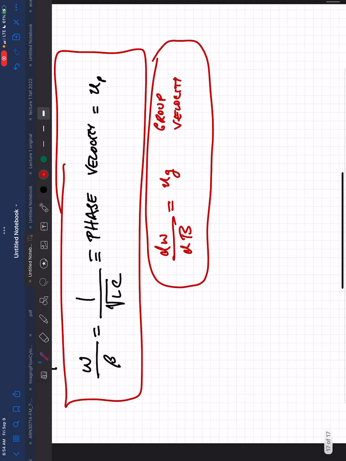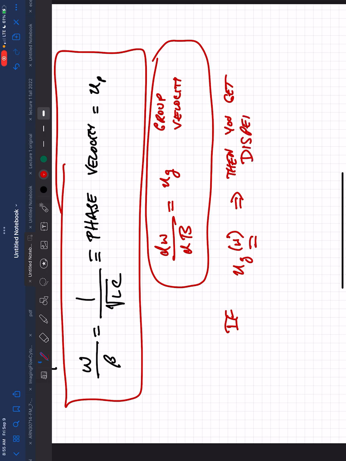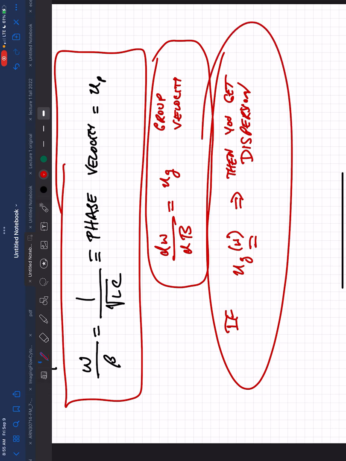And if your group velocity, u_g of omega, is a function of frequency, then you get something called dispersion. This is a bit of an advanced concept, and we're not dealing with dispersion quite yet, but you'll see it at high speeds in transmission lines.